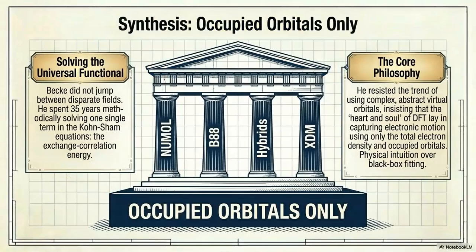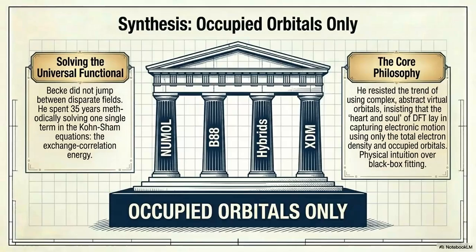Step into the final architectural synthesis of a life's work. Here, we see the temple of DFT, built upon four unwavering pillars: Numal, B88, hybrids, and XDM. For 35 years, Axel Becke remained laser-focused on a single, titanic goal: solving the exchange correlation energy term within the Kohn-Sham equations.